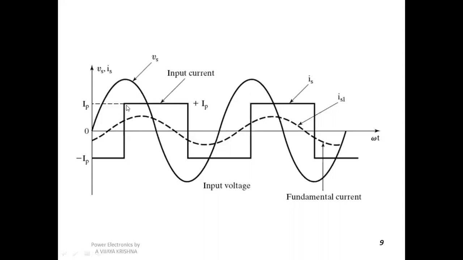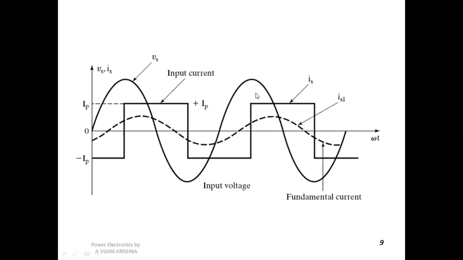Up to this point is the thyristor conducting state, and it is called the input current. And it is in the reverse biased condition.